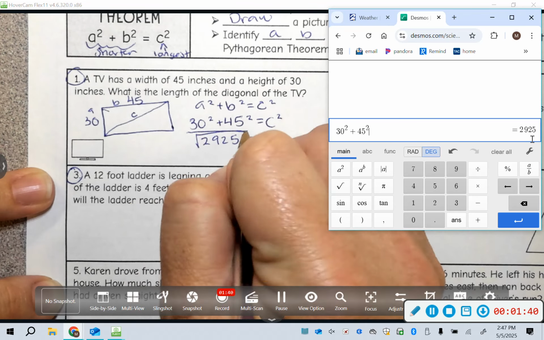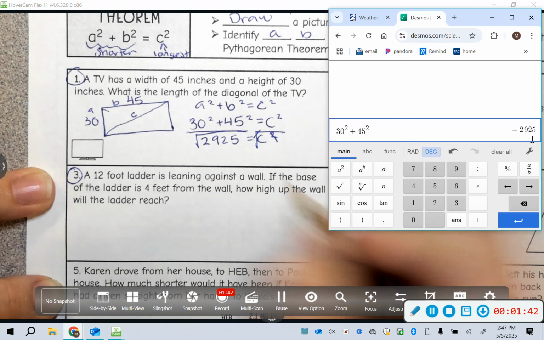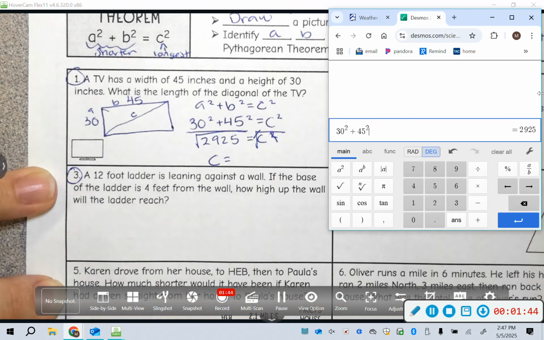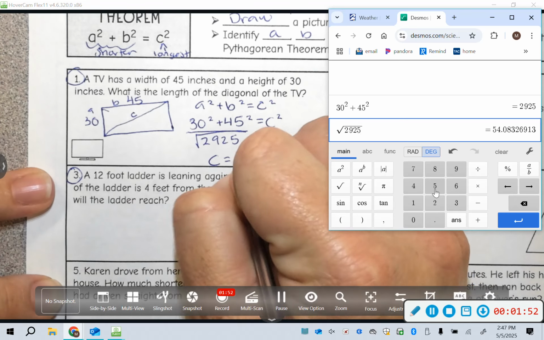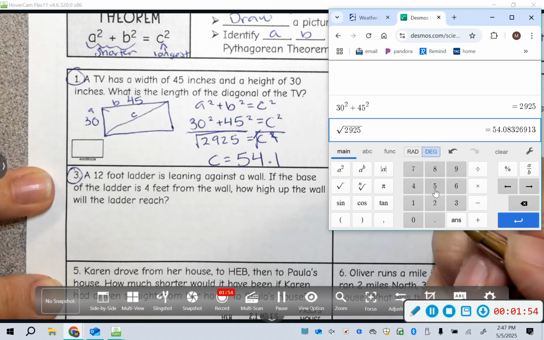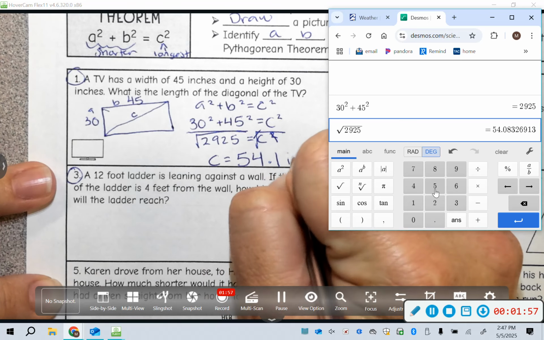And then I'm going to square root both sides to cancel the C squared. And I get C equals the square root of 2,925, which is 54.1, because we're rounding to the nearest tenths in inches.